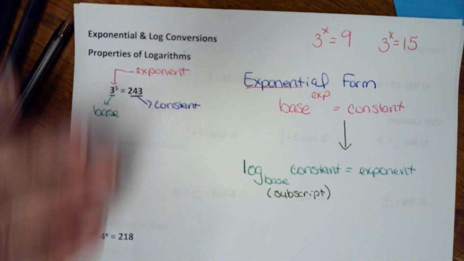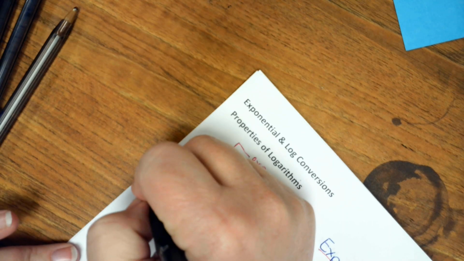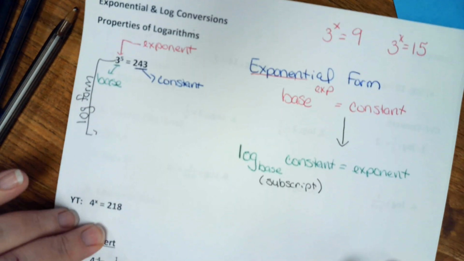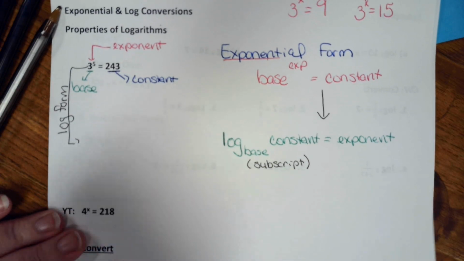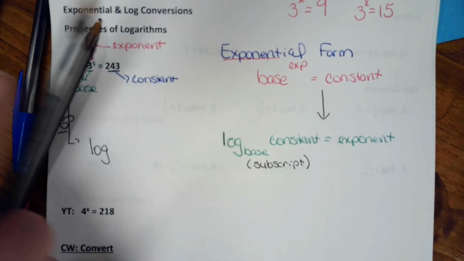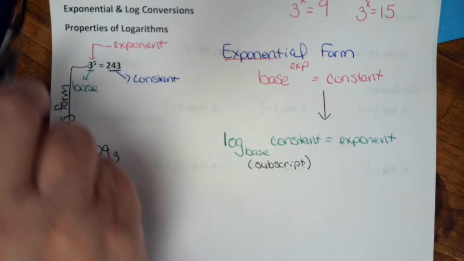All right, so let's convert this right here. We're going to change it to log form. Okay. And how are we going to know it's in log form? It literally has the word log in it. Okay, so we're going to say the log. All right. Our base is 3, so right here we're going to put a 3.